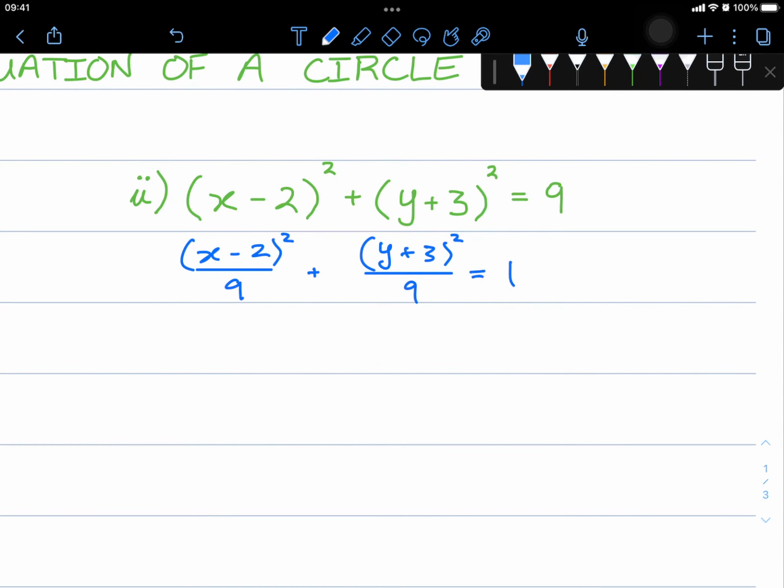Making this into all squared, so (x minus 2 on 3) all squared plus (y plus 3 on 3) all squared equals 1.